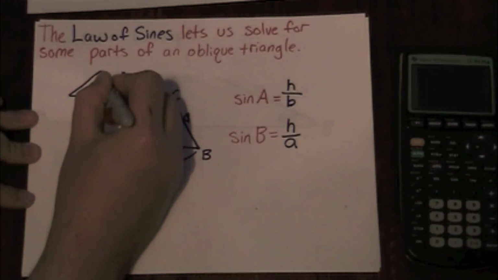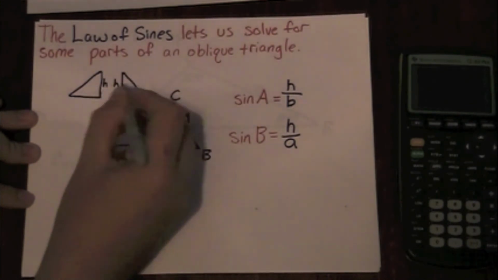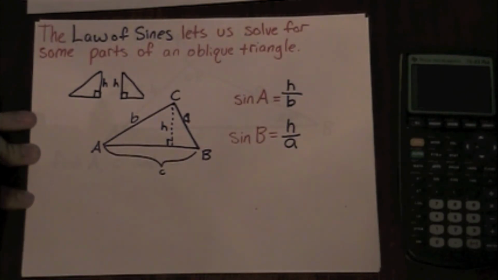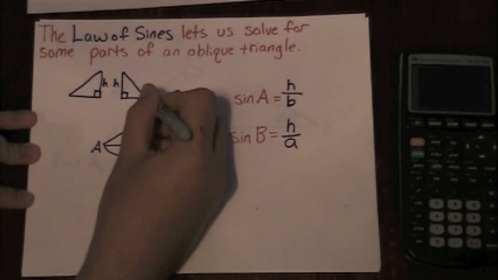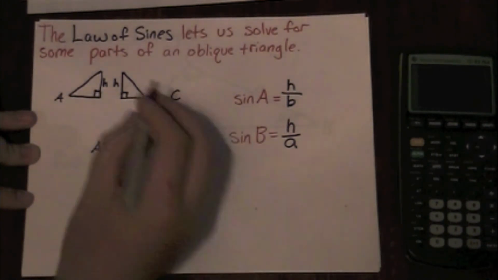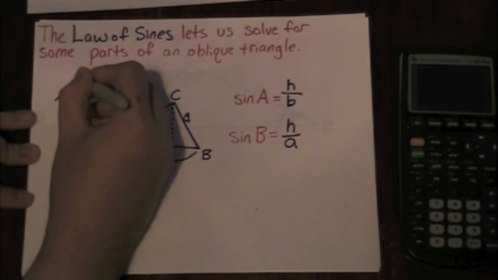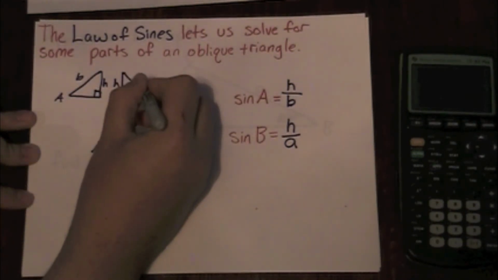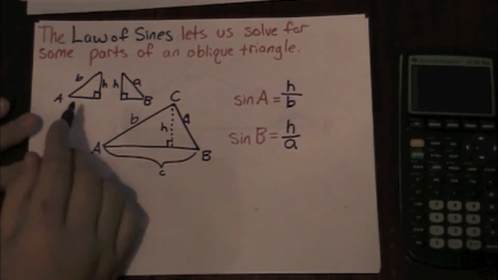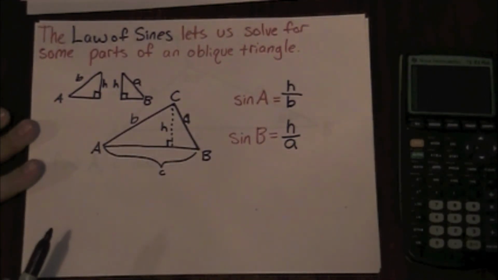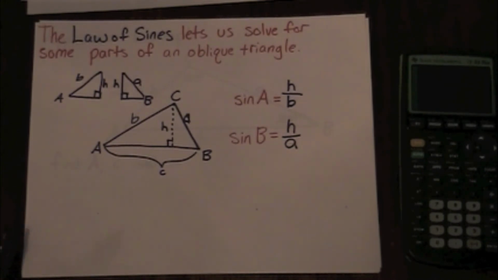They're both going to have h as their height. They are both right triangles. And the important sides are going to be angle A on the left triangle and angle B on the right, and recognizing that the hypotenuses are b on the left and a on the right. That might make it a little bit easier for you to see where these relationships come from if using the same triangle for both is confusing.